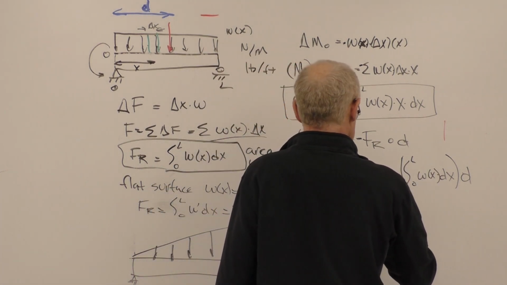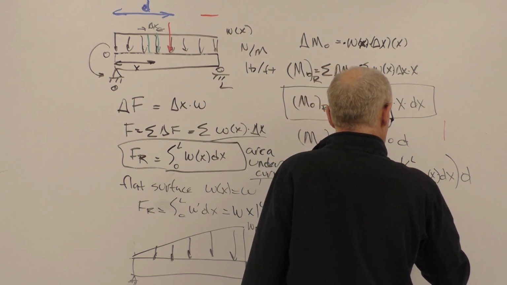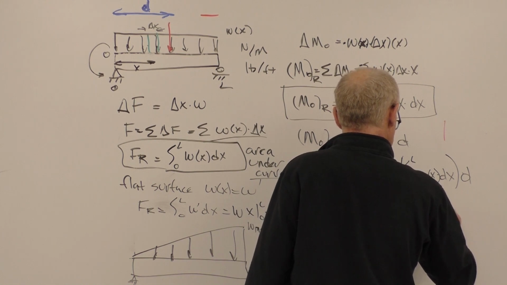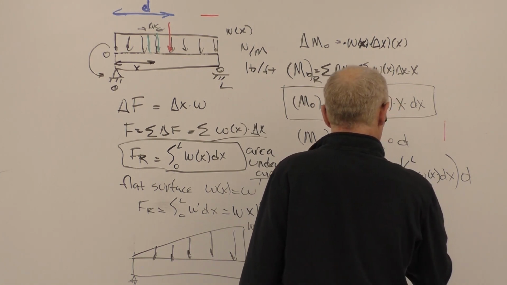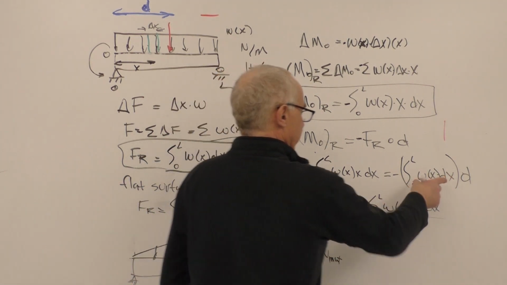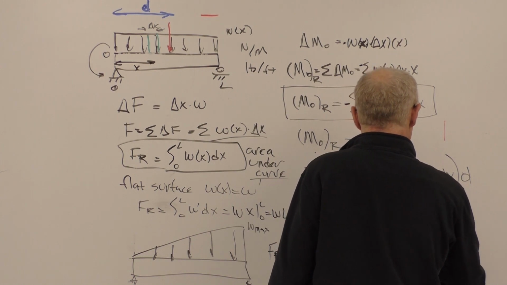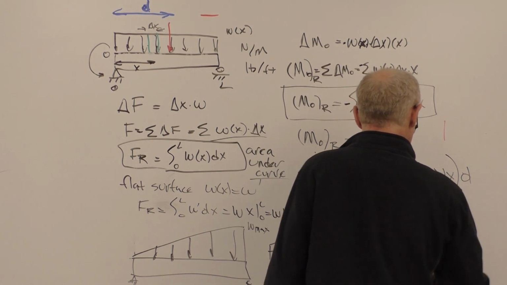So we're going to say that d equals the integral of w of x times x dx from 0 to L. Here's this value, and we're going to divide it by this integral, w of x dx.